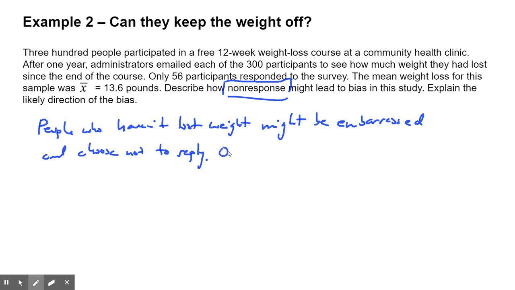On the other hand, people who have lost weight are probably happy to share their success.